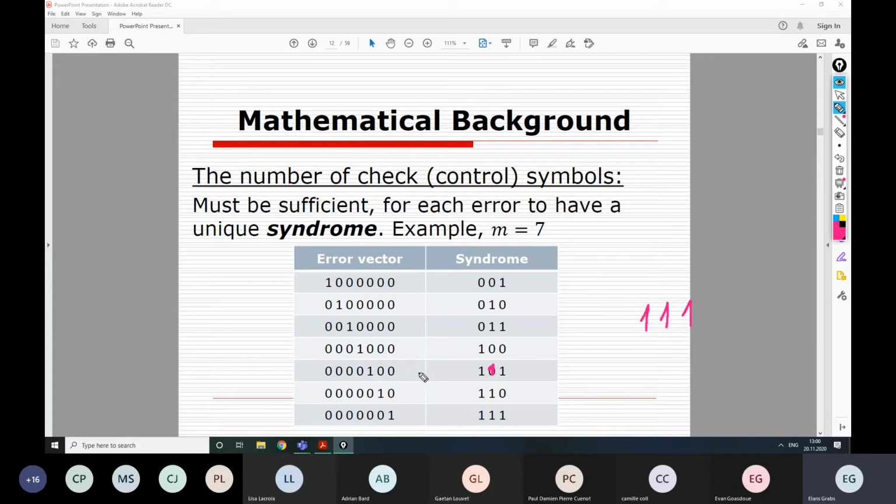And then we cannot define where exactly that error was, because these 2 error types have the same syndrome. So in order to avoid such things, we make sure that each of the errors has a different syndrome. This way, we will be able to tell with 100% guarantee that the error was exactly there.